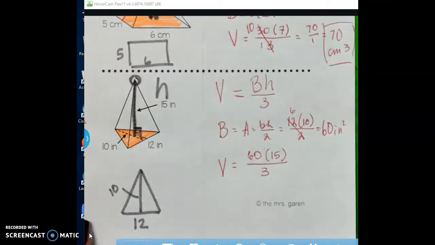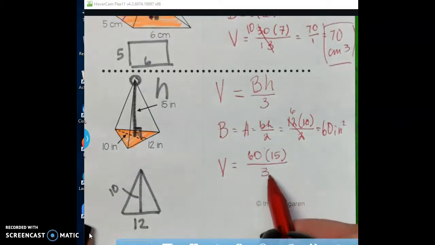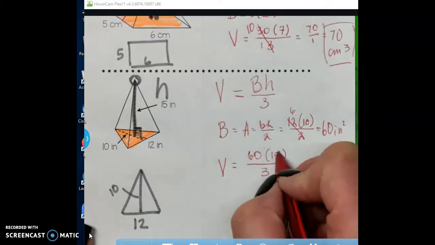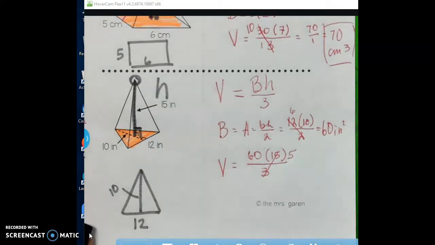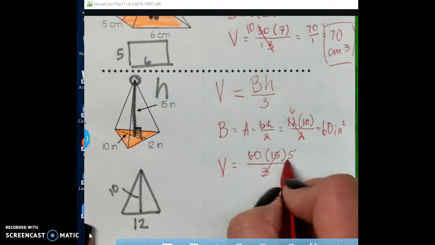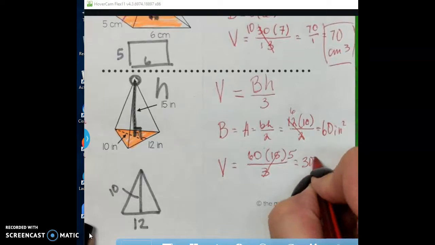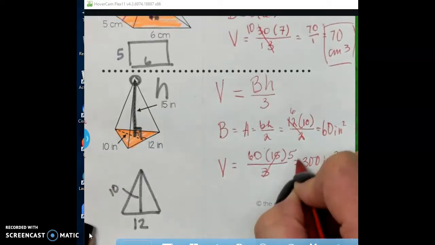At this point, you can reduce either number because 60 is divisible by 3 and 15 is divisible by 3. This is a fairly straightforward question and reduction right here, simplification. So that gives us 5. 60 times 5 is 300 cubic inches.